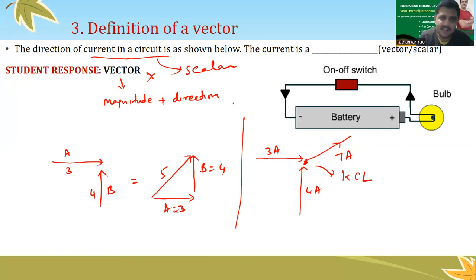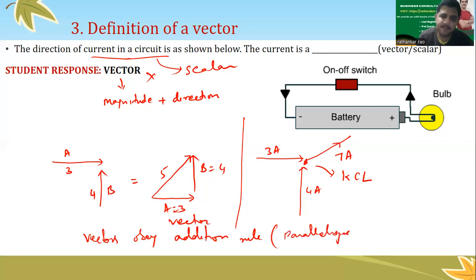Thus, you see, an important rule for a vector is that apart from saying magnitude and direction, you should always say vectors obey the addition rule of vectors, or the vector addition rule, or the parallelogram law of vectors. Right? You remember this, okay?